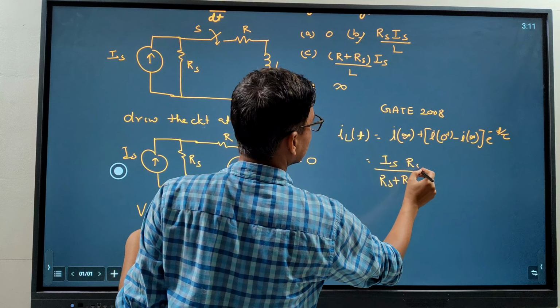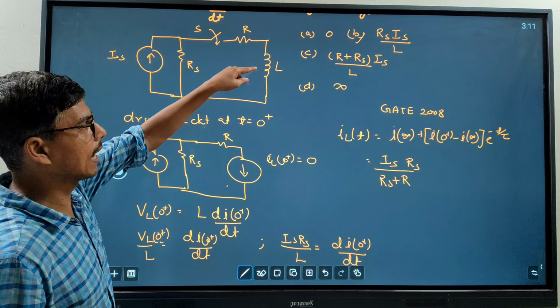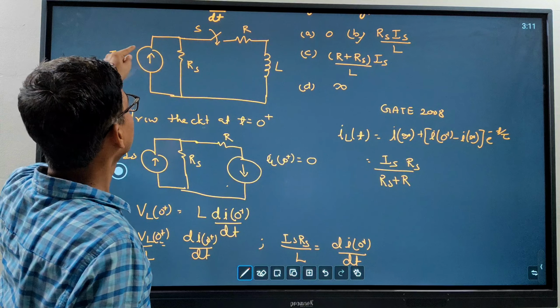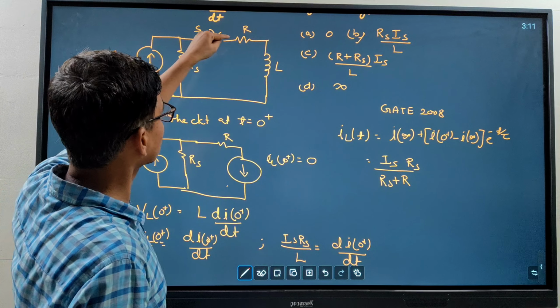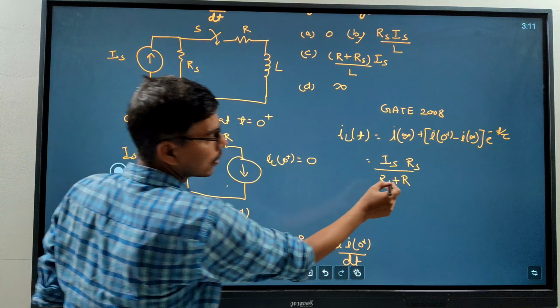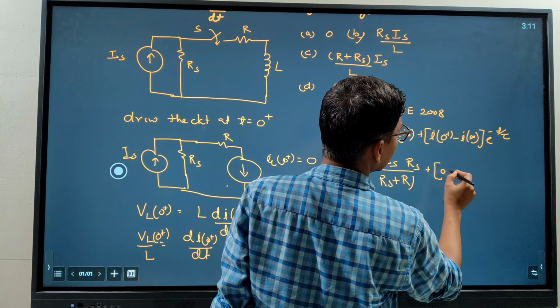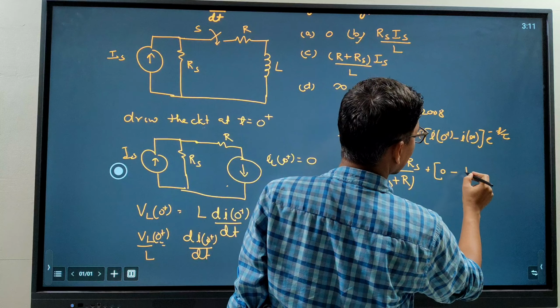When the switch is closed, the inductor behaves as a short circuit at infinity in steady state. It is the incoming current over total impedance times the opposite branch resistance, the current through this. Plus I(0+) is 0, minus I infinity, same.